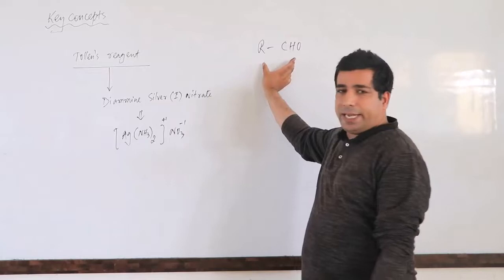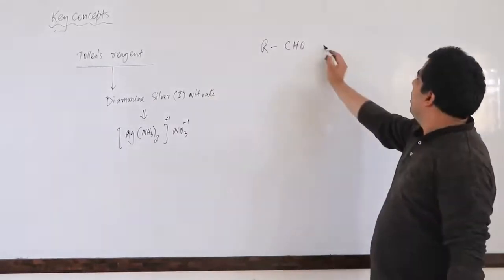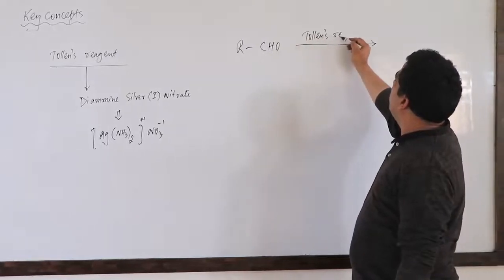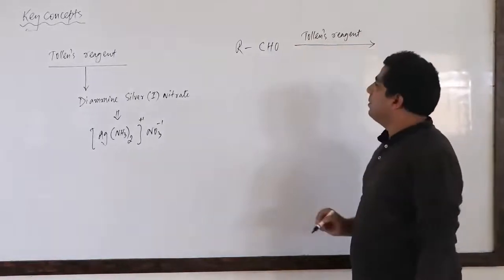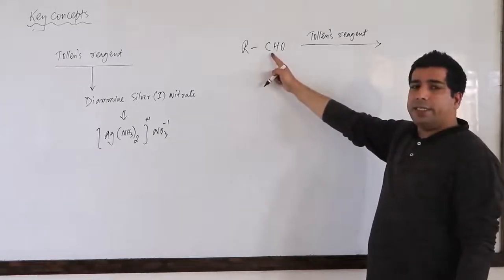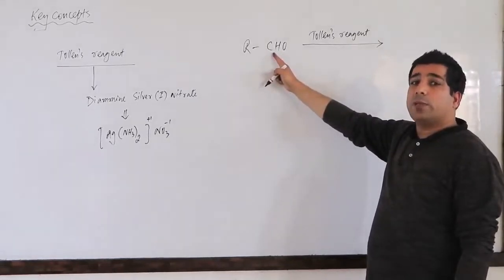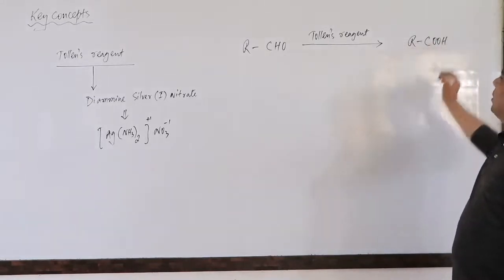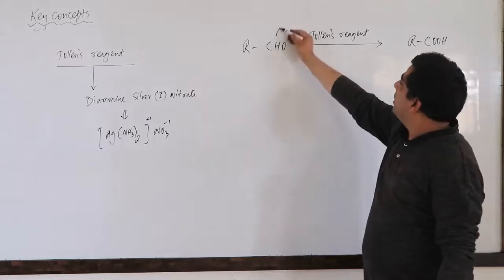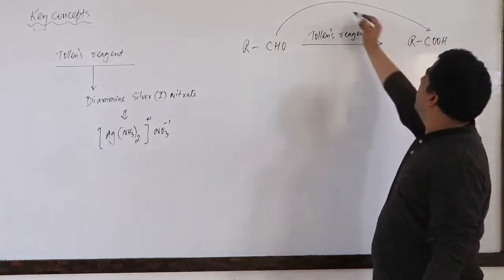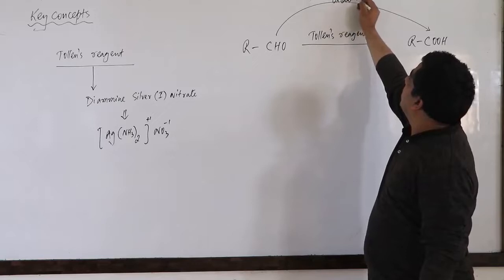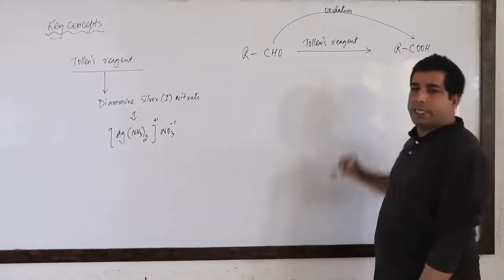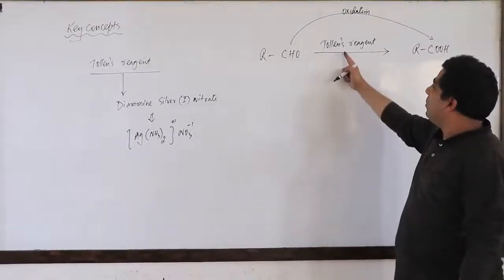If you have an aldehyde with you and I use the Tollens reagent, what happens? This aldehyde is oxidized to carboxylic acid, so you will be getting RCOOH. That means the aldehyde has been oxidized. But what will happen to the Tollens reagent?